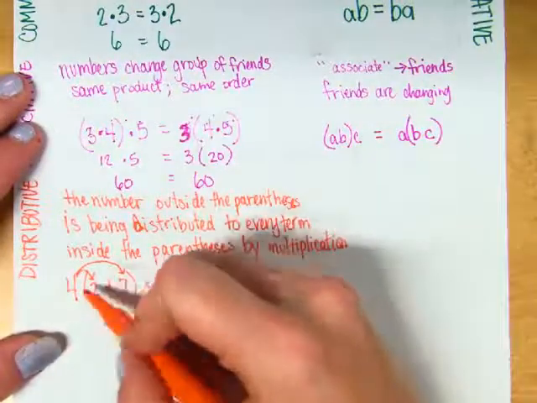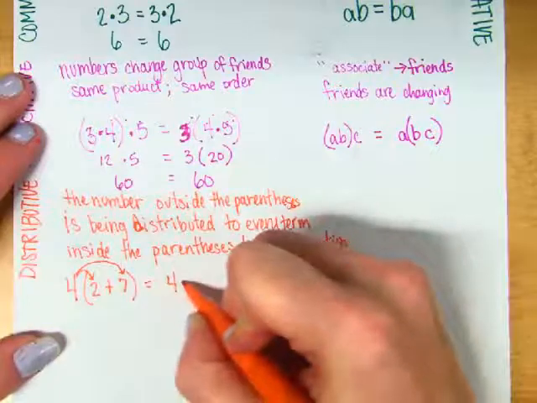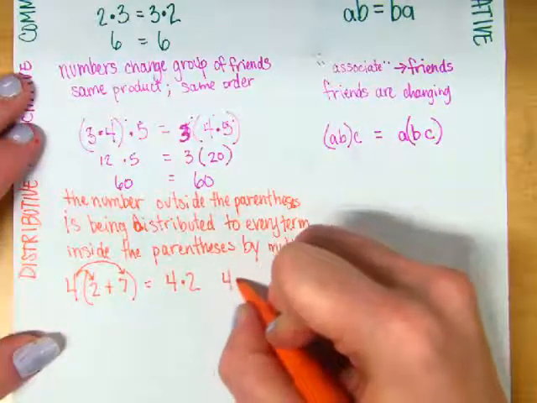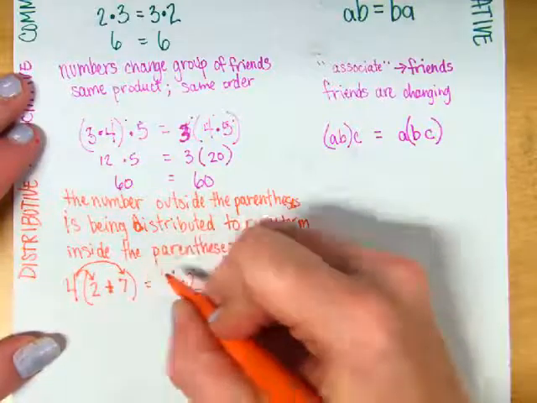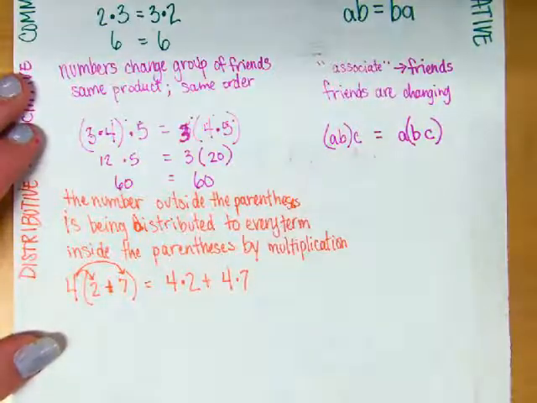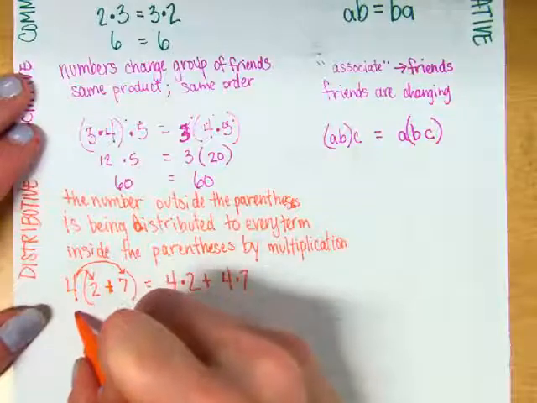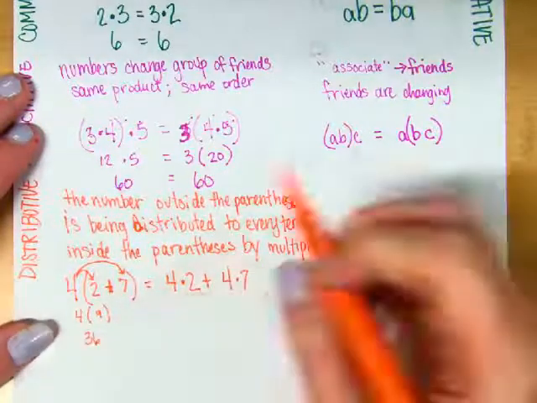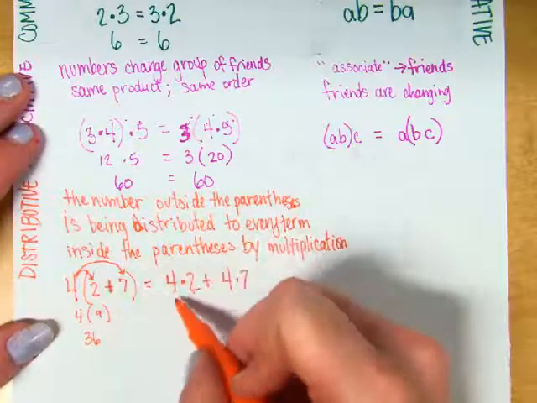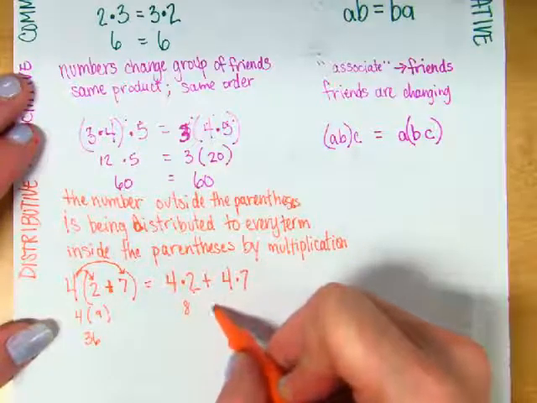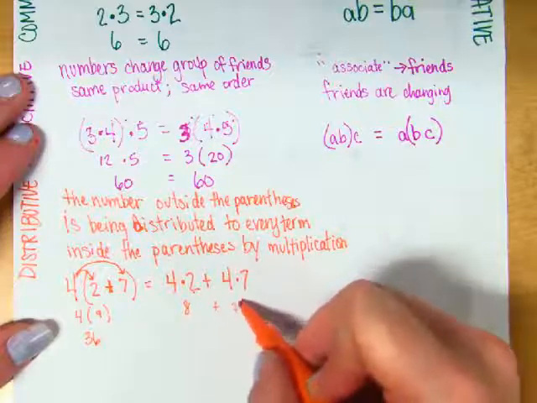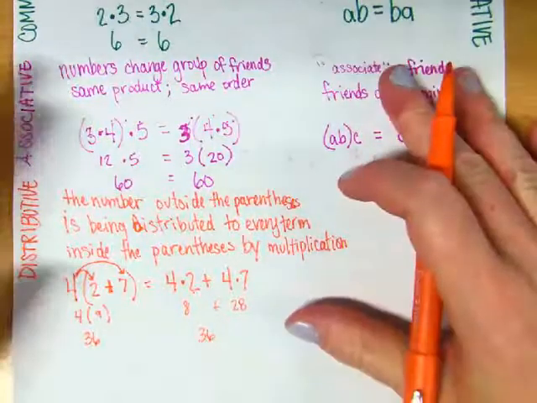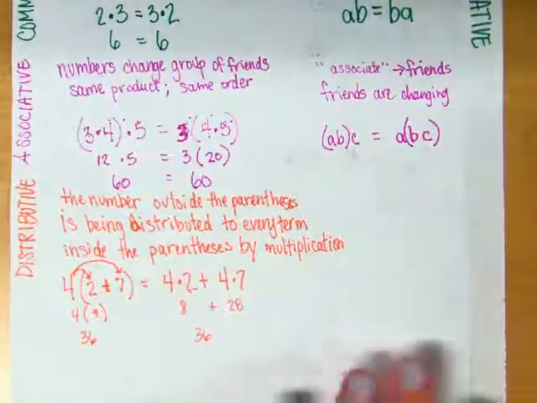So I would multiply 4 times 2, and I would also say 4 times 7, and there's the addition sign in between. So if I followed the order of operations here, this would be 4 times 9, and this is 36. If I distributed it and said 4 times 2, that's 8, and then 4 times 7 is 28, I still get 36. And that is a unique property to multiplication.